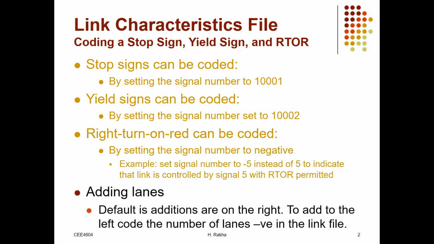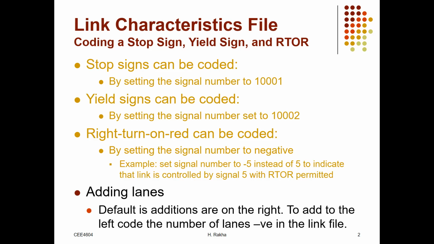So this was not in your previous slides. I added this because you're going to need this for your project when you model your intersection. The default in integration is that whenever you add lanes, so let's say you're going from 2 lanes to 3 lanes, the third lane is going to be added to the right.